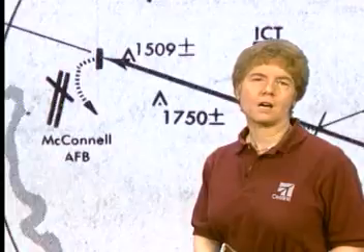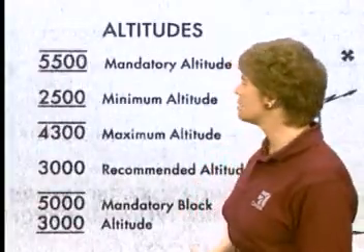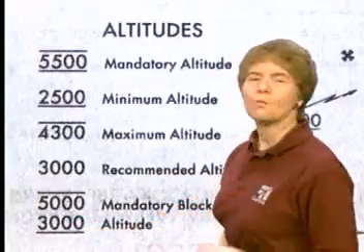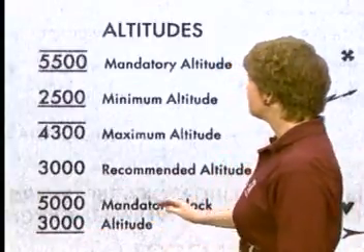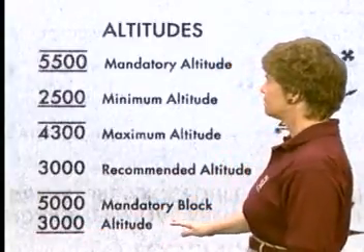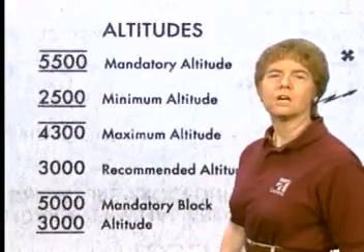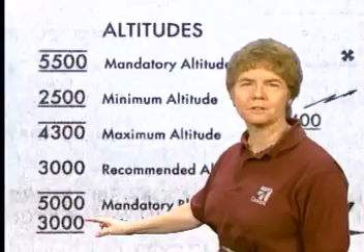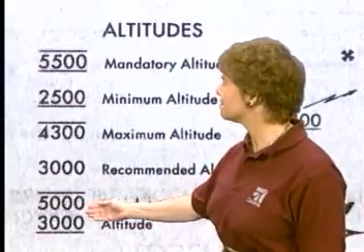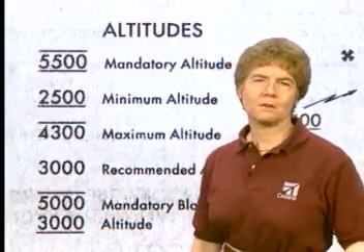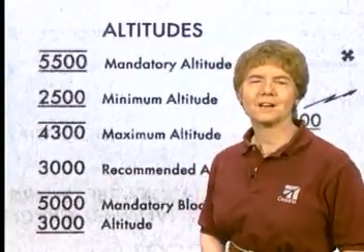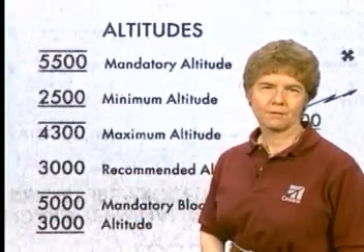Now, sometimes you'll find a maximum altitude paired with a minimum altitude, which makes it what's called a mandatory block altitude. With a block altitude, you'd be safe at either the maximum or the minimum altitudes, or anything in between. The maximum altitude is more than likely there to prevent you from mixing it up with overlying traffic routes.